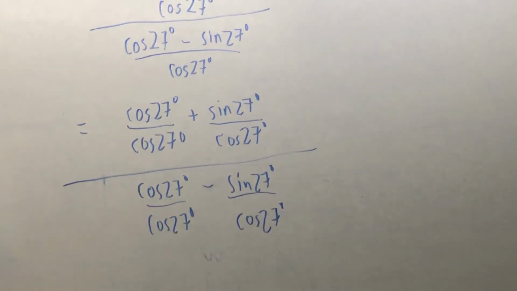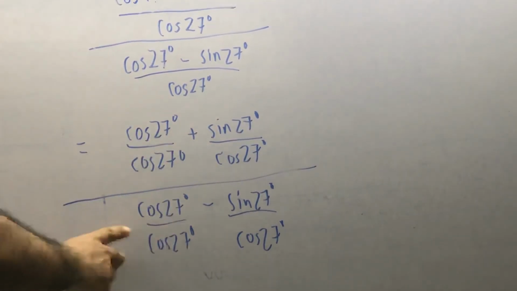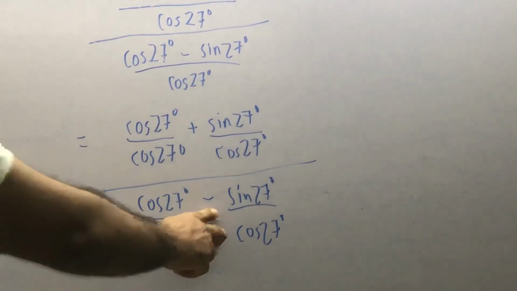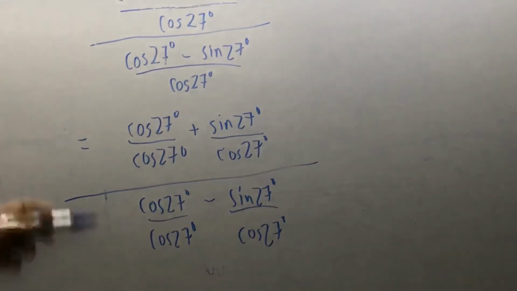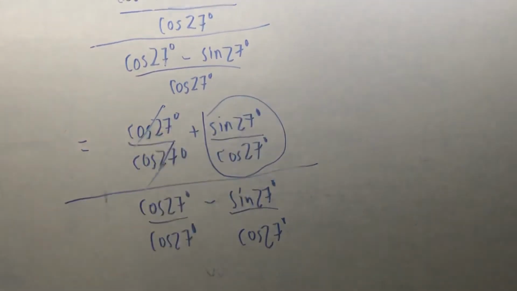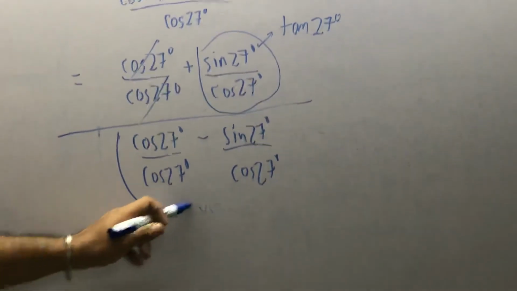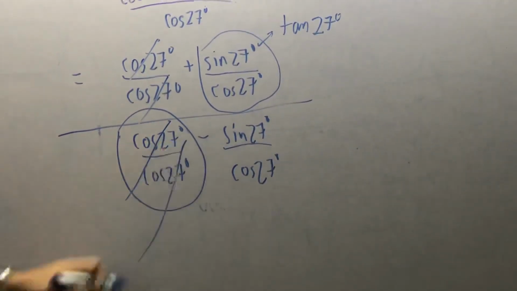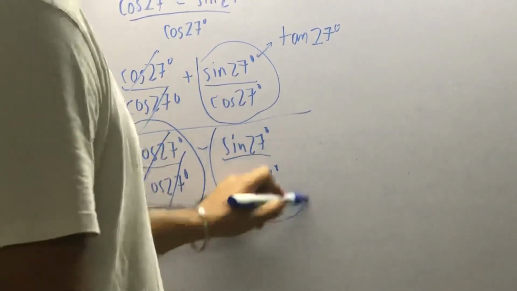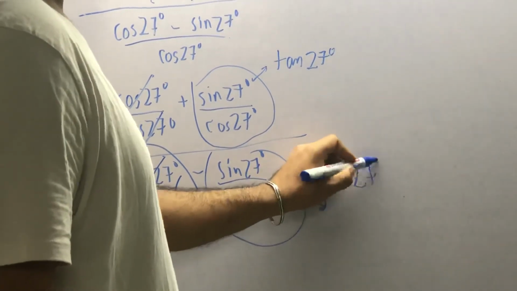So cos 27 upon cos 27 plus sin 27 upon cos 27, upon cos 27 upon cos 27 minus sin 27 upon cos 27. So cos 27 upon cos 27 is 1. Sin 27 upon cos 27 is tan 27. Cos 27 upon cos 27 again cancels. Sin 27 upon cos 27 is tan 27. So just write it over here.